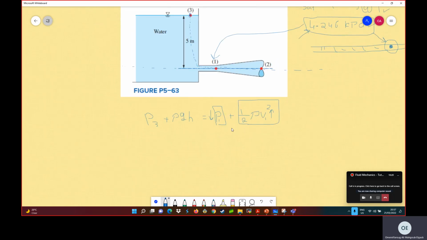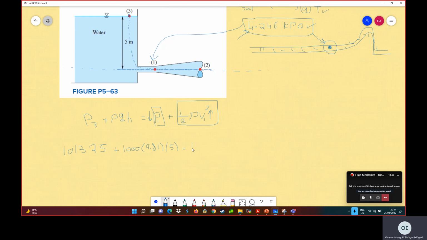Okay, so applying the Bernoulli equation, we have P3, which is atmospheric, 101.325, and then I will add rho of water, which is 1000, times 9.81, times 5, the elevation. P2, assuming that cavitation will just occur at point 1, because the pressure is the lowest there.